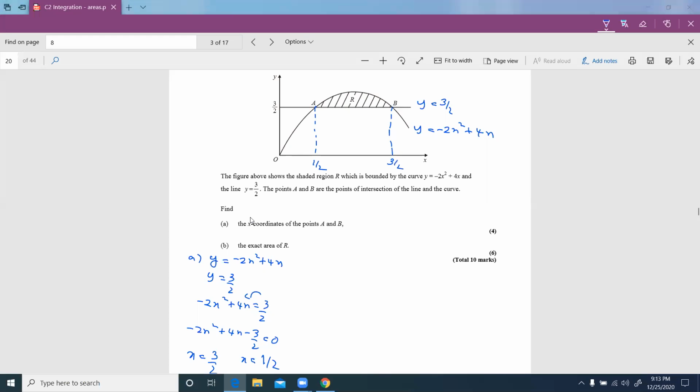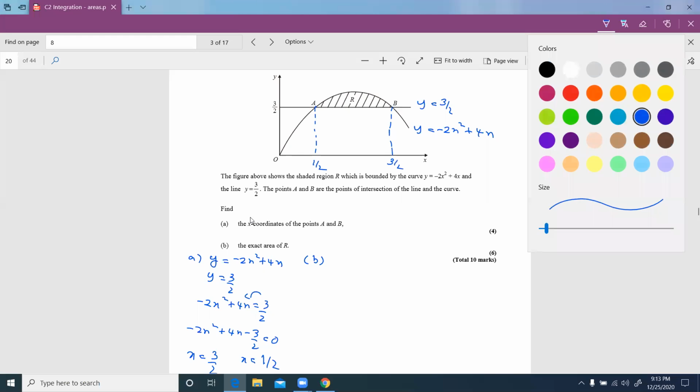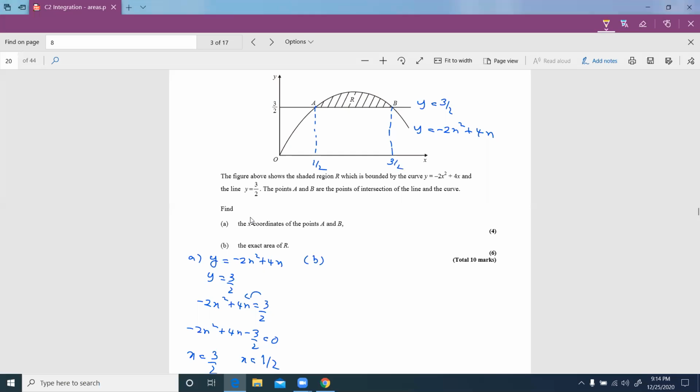Now find the region R. If you integrate this curve from 1 over 2 to 3 over 2, the area would be the area between the curve and the x-axis. So you get this whole area.